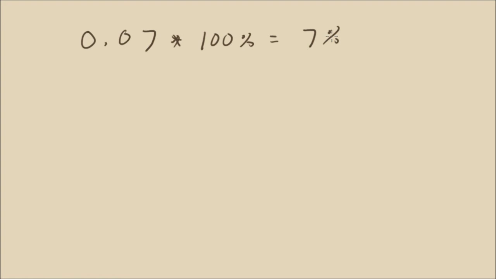So the way you convert from percent to a decimal is by dividing it by 100%. The way you convert from a decimal to a percent is by multiplying it by 100%. So if I had a number that was 2.5, and I multiply that by 100%, I get 250%.